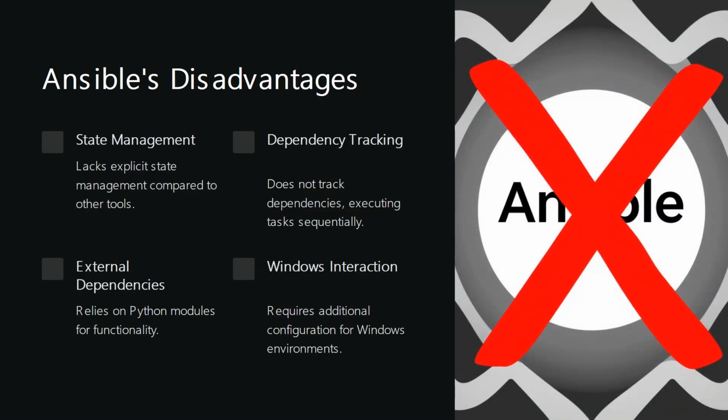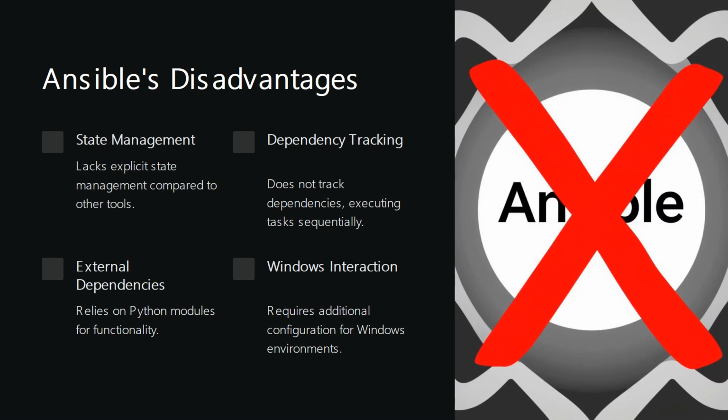Okay, and coming to the disadvantages, the first is state management. It lacks explicit state management compared to other tools. And there are external dependencies. The dependency is Python. If I want to run Ansible, I must install Python.